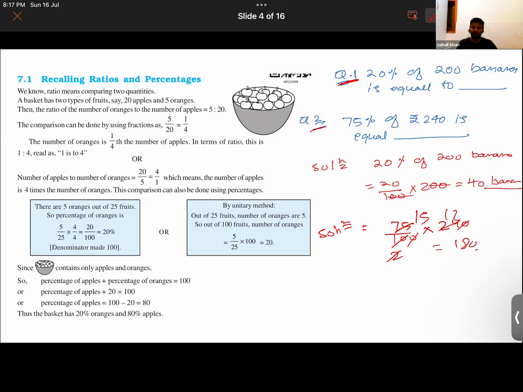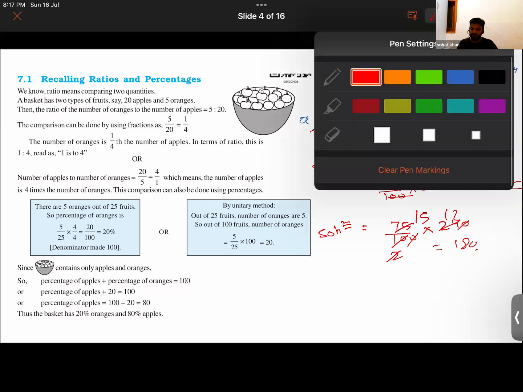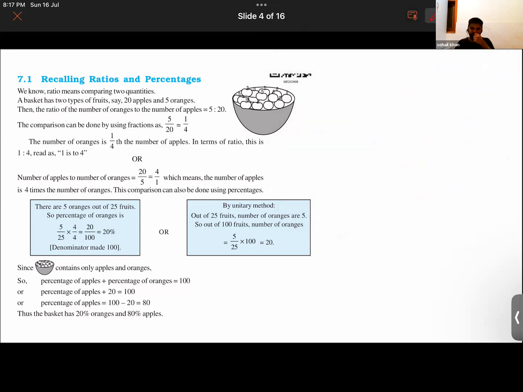All right. Now, talking about the application of percentages, where are percentages applied in daily life? Usually in the exchange of commodities, the selling and purchasing of commodities, we do calculations in percentages.